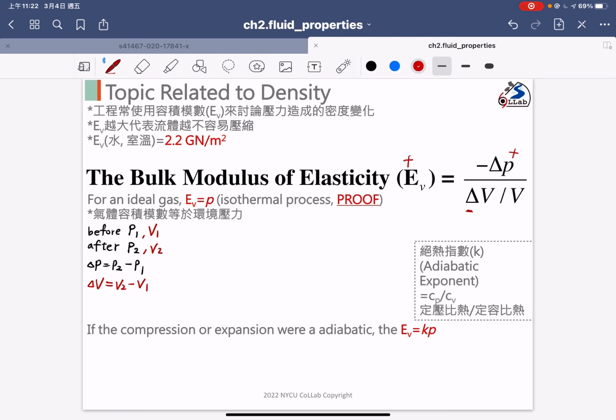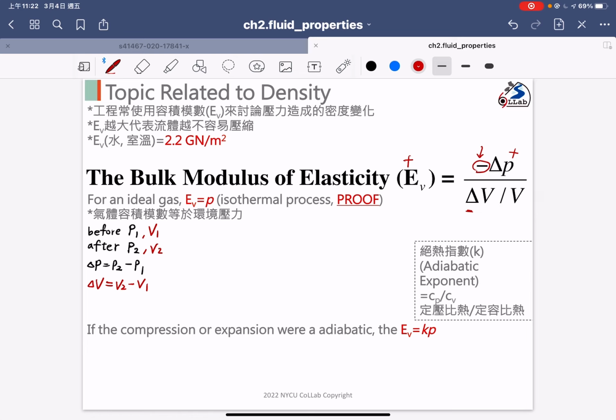So we need an additional minus to get the positive bulk modulus. Okay, so the physical meaning of the minus here is because you do the compression first, and then the volume will become smaller. So you need an additional minus to balance the negative delta V.